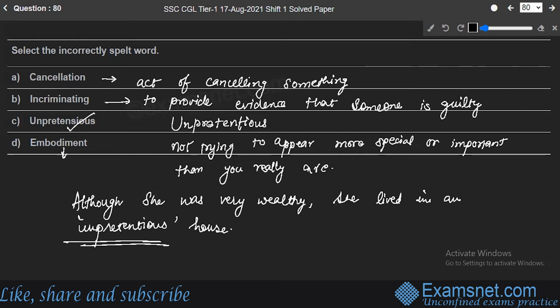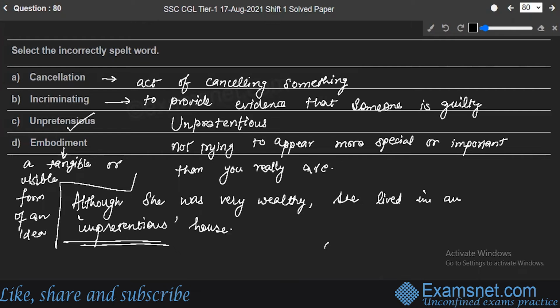Then embodiment is a word which means a tangible or visible form of an idea or a feeling. Okay, so option C is the correct answer to the question.